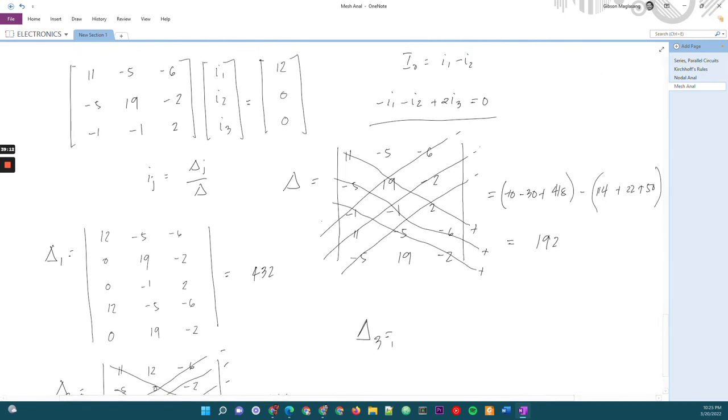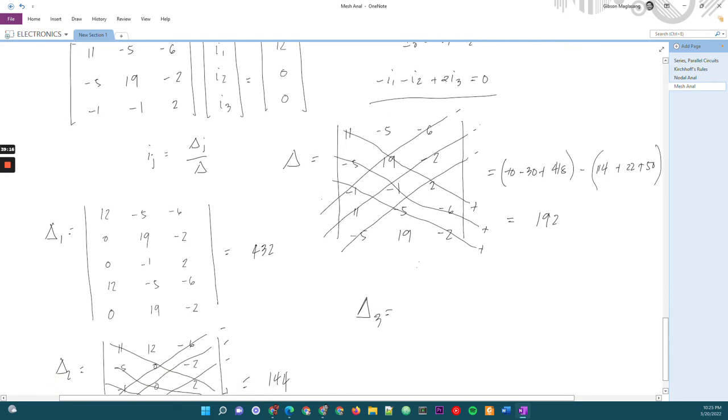ang kabira nimo is kanina po, pulihan nga value. So you get 11, negative 5, this is 12, 0, 0, kana ulit mong gipulihan. So negative 5, 19, negative 1, negative 1.